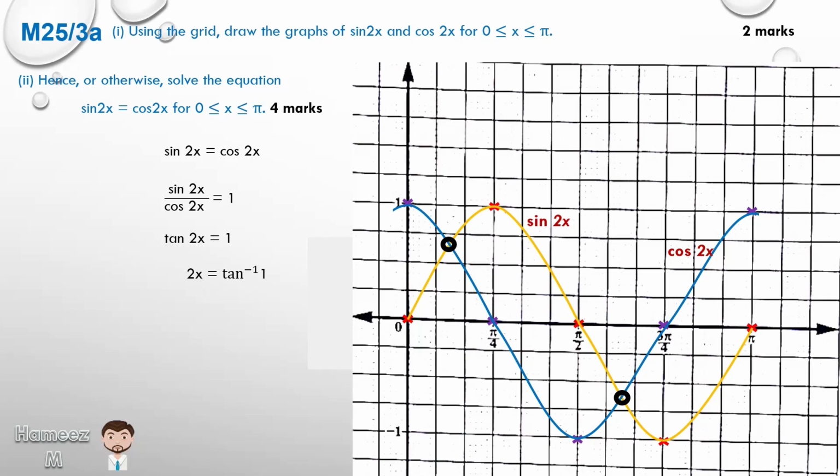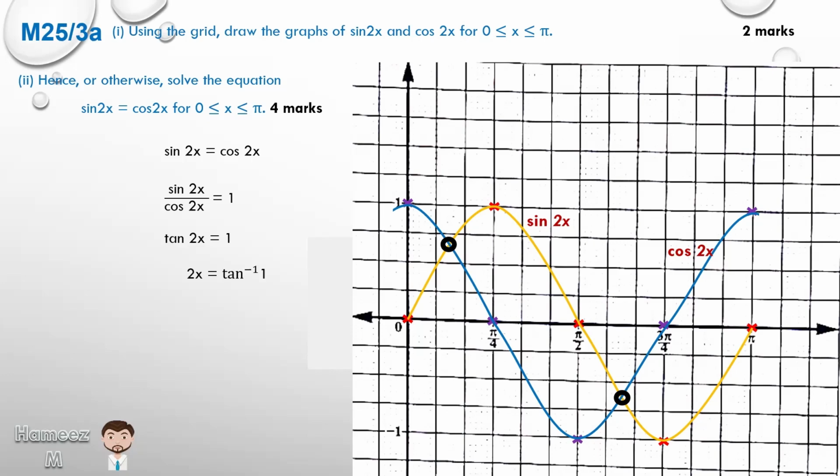That's what 2x is. Now remember that if we have π/4, where else is tan positive? It will also be in the third quadrant, because tan is only positive in the first and third quadrants.